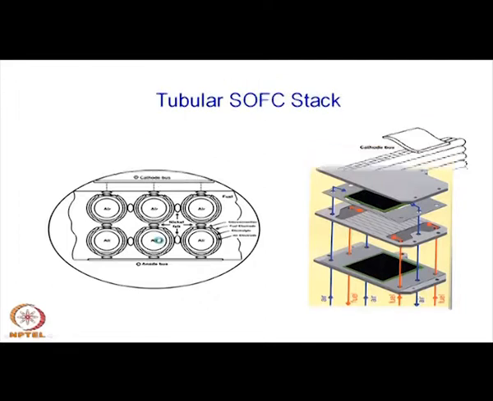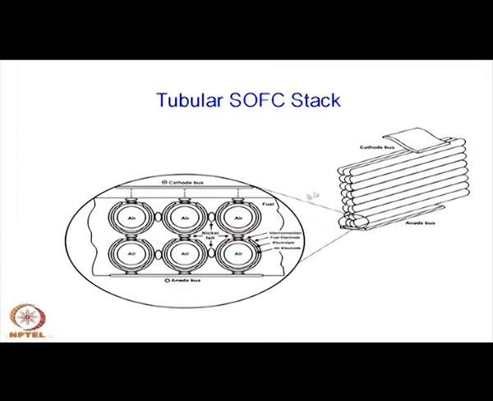In fact, the next picture gives you another view of that. This is the magnified view of this particular region, but in general it will look like this, a large number of tubes just stacked over one another. That is the normal way one can put a stack. So, stacking is relatively simple, and of course, you have gas connections which are not shown here.